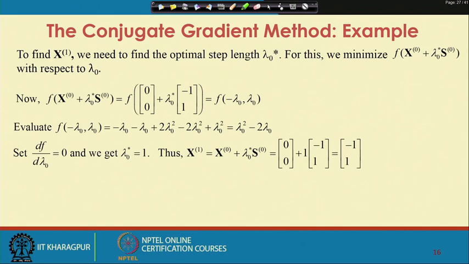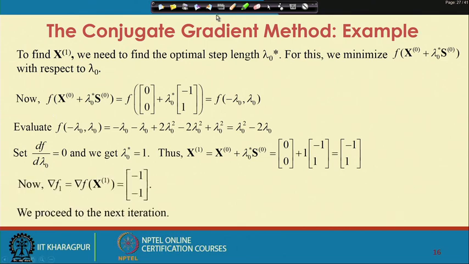For this, we minimize f of x 0 plus lambda 0 into s 0 with respect to lambda 0. Let us now evaluate f of x 0 plus lambda 0 s 0. You know x 0 equal to (0, 0) and s 0 is (minus 1, 1).